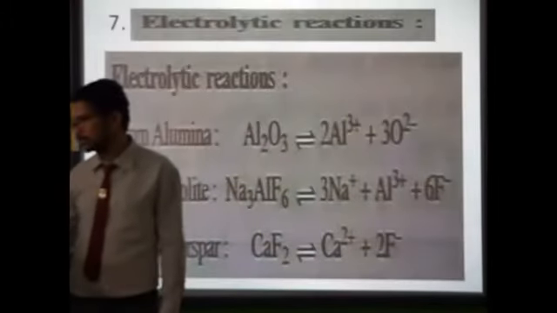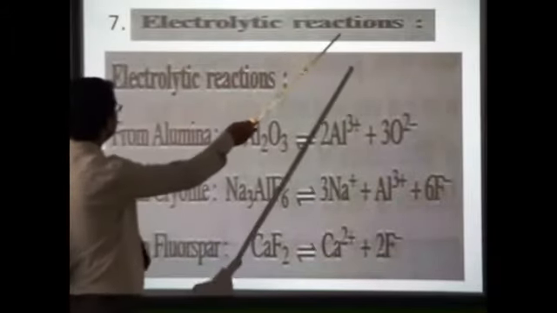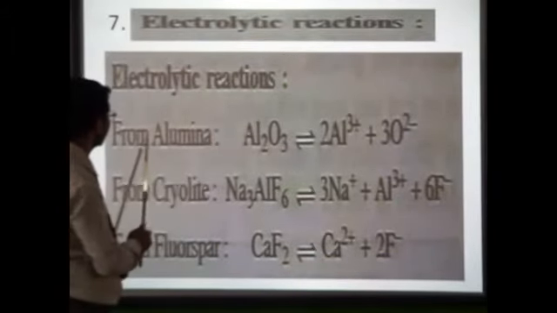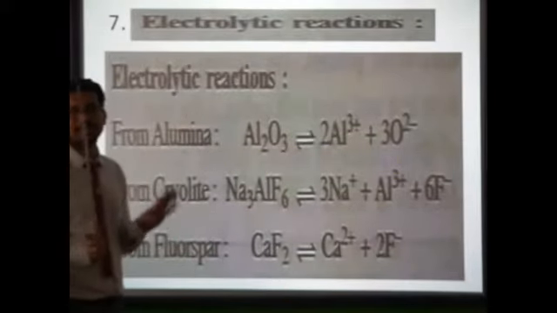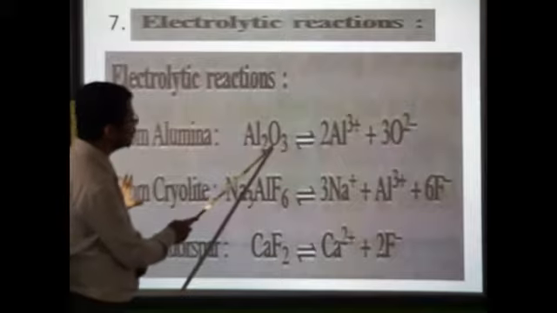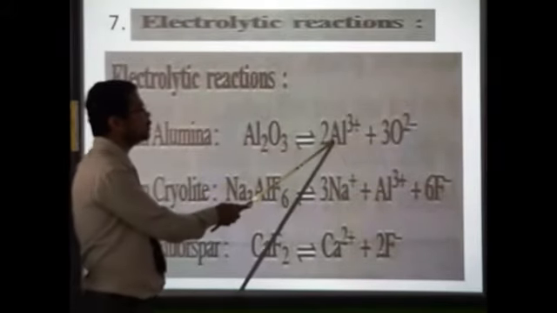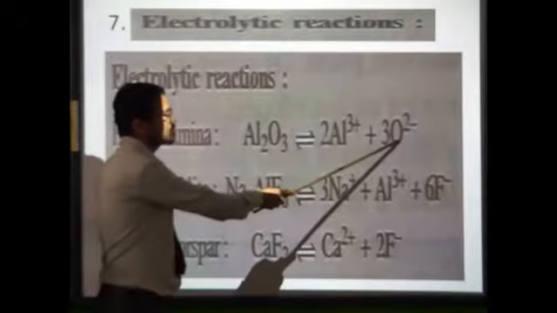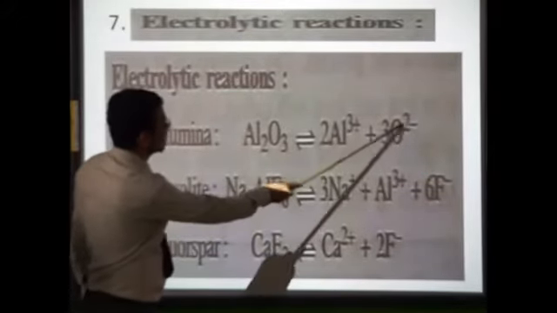Now let's see what happens during this. So electrolytic reactions from alumina. I said electrolysis is a decomposition reaction. Whenever alumina decomposes, it gives aluminium ion and oxide ion.